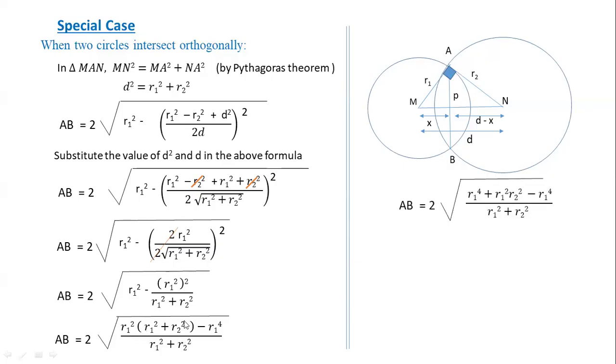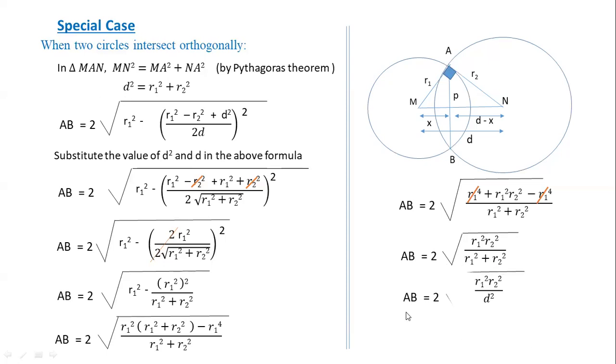Once you open the bracket, R1 square into R1 square will be R1 raised to 4, plus R1 square into R2 square minus R1 raised to 4. Again plus R1 raised to 4 minus R1 raised to 4 cancels. So we are left with AB is equal to root of R1 square R2 square upon R1 square plus R2 square. But R1 square plus R2 square is D square.